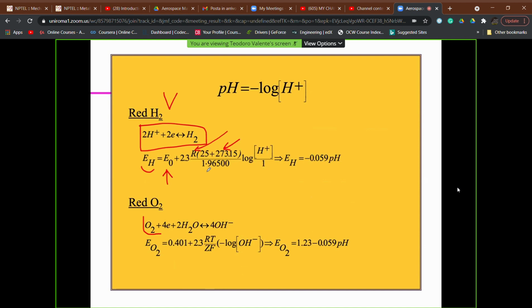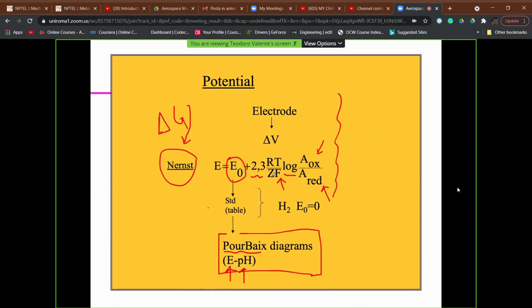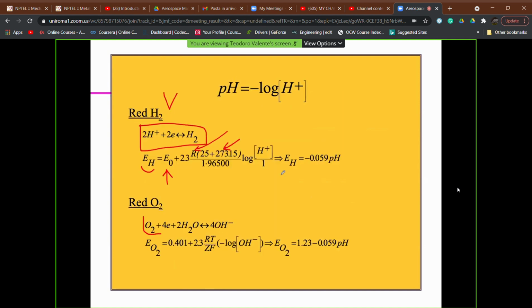Then, if we look at the expression zF, z is the number of electrons involved, which is 1, because we write it this way, but this means that each hydrogen is going to consume 1 electron.